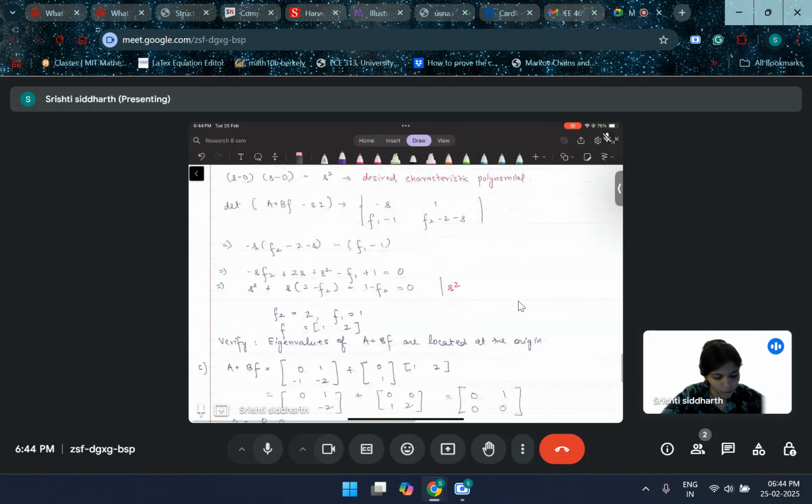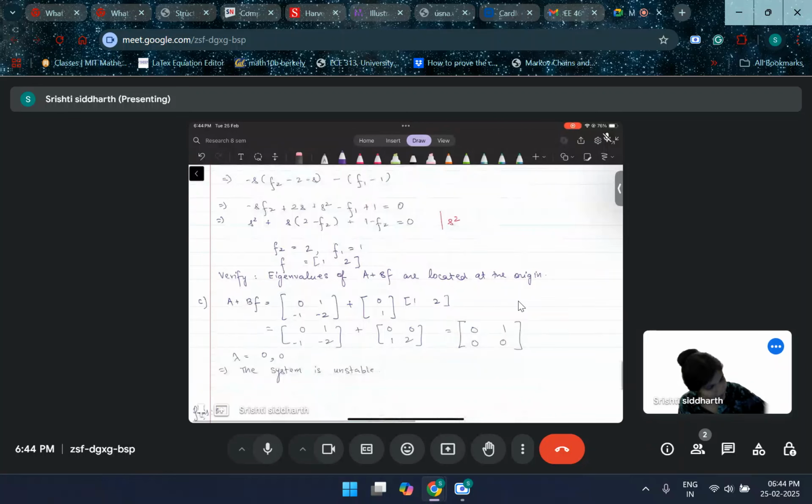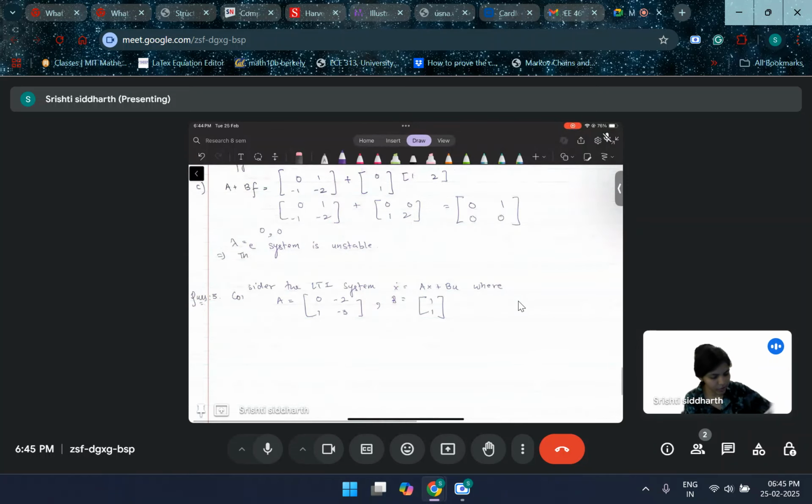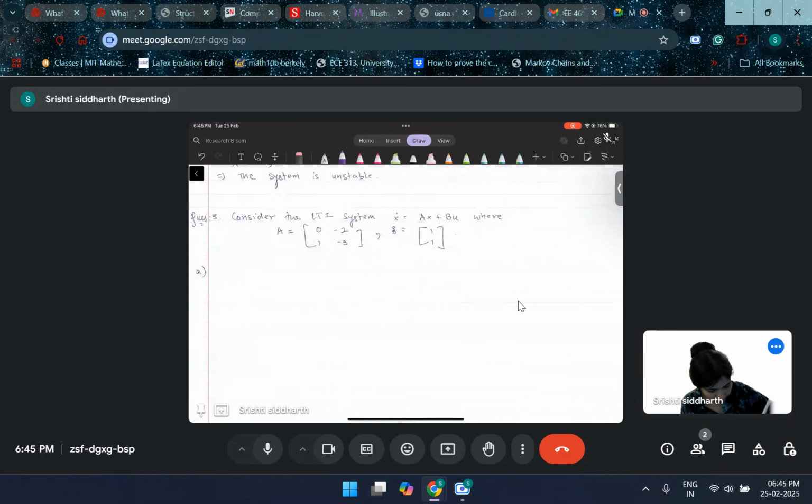So let's consider another LTI system. x dot equals Ax plus Bu. A is a 2 by 2 square matrix. So we have to first verify whether the system is controllable.